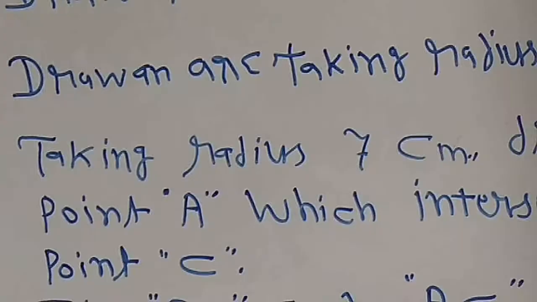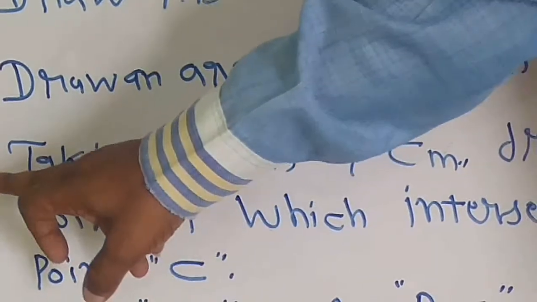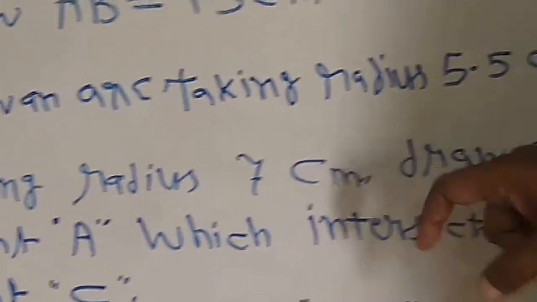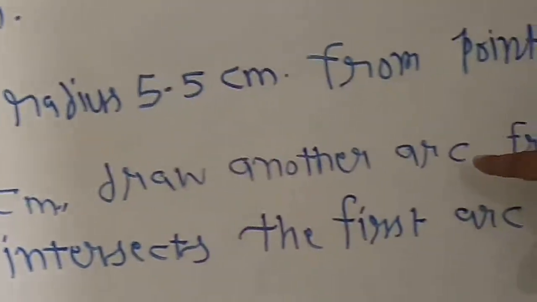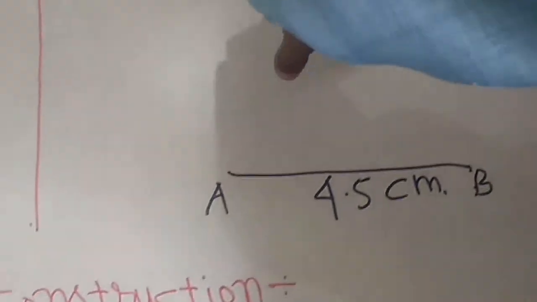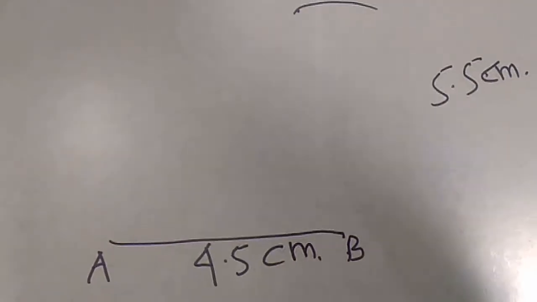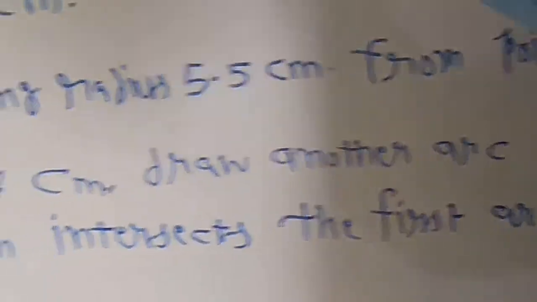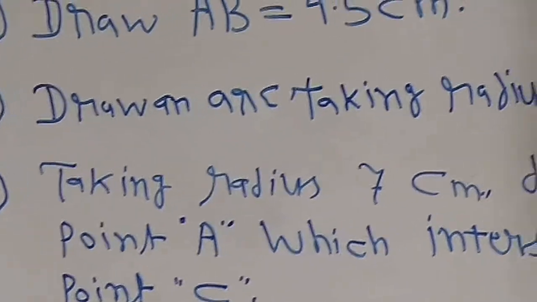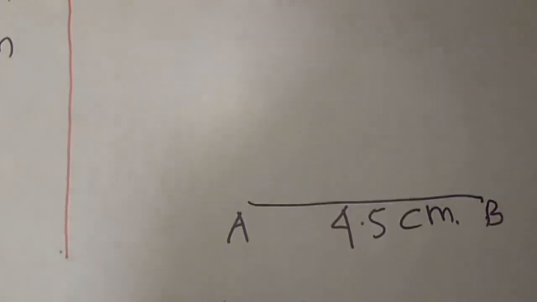Step number 3. After this, taking radius 7 centimeter, draw another arc from point A. This is our point A, and we take the radius of 7 centimeter on the rounder and draw one more arc which intersects the first arc at point C. So from this point A, we draw one arc of 7 centimeter.